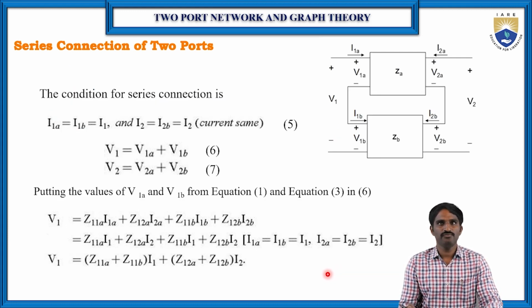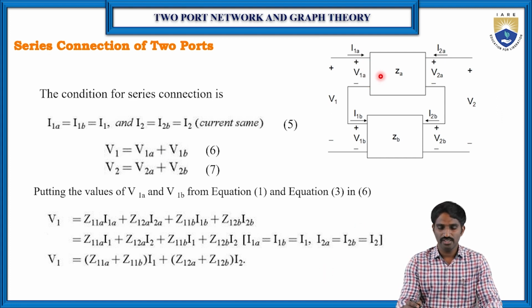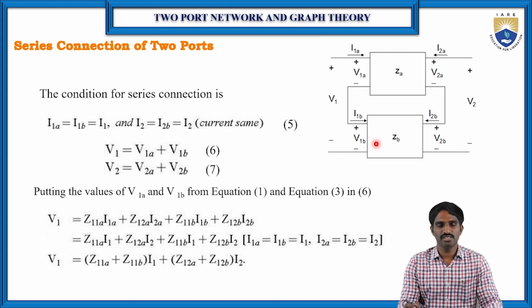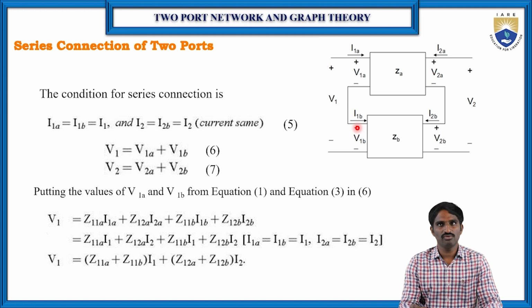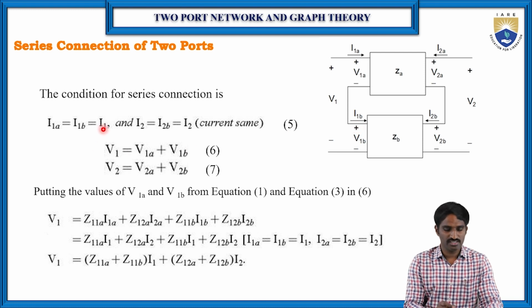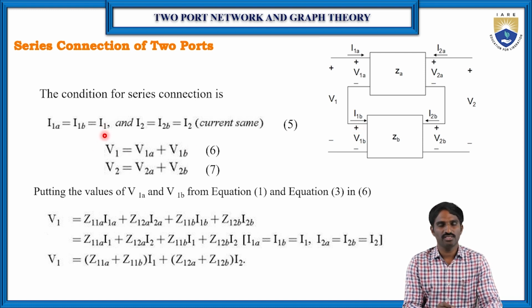So now we know the condition for the series connection. If network 1 and network 2 are connected in series, the current flowing through the series connection is the same. So I1A is equal to I1B is equal to, let us consider, I1, so I1 is the current flowing through the resultant network.